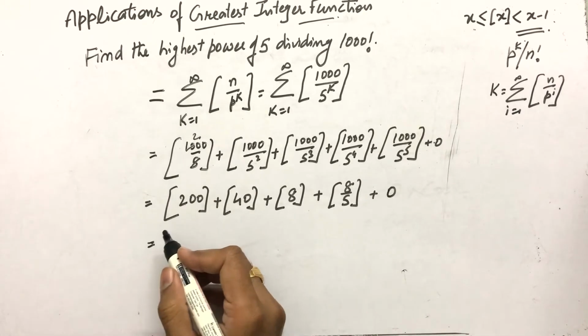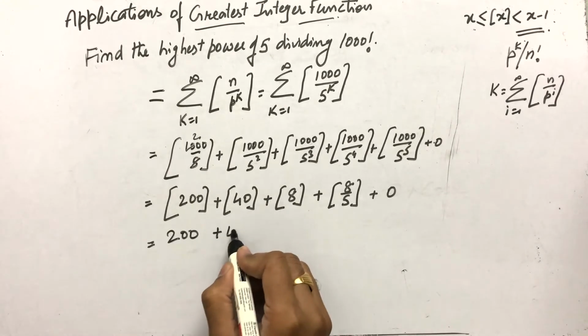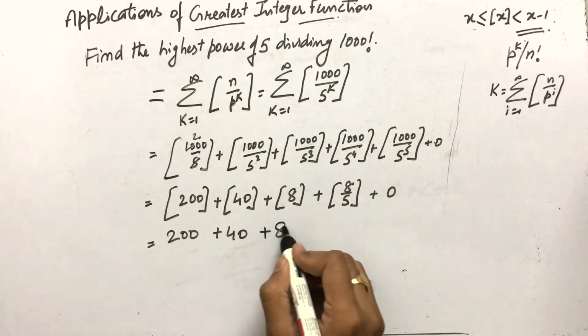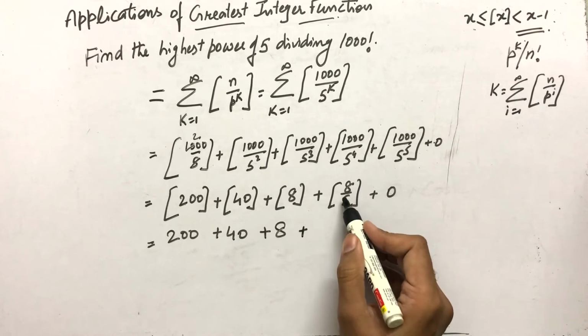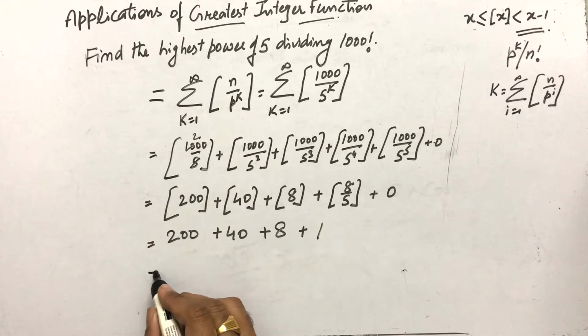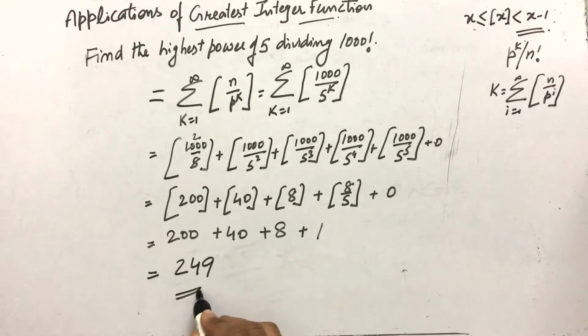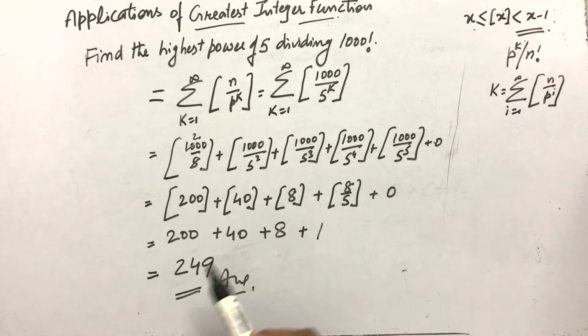So very easily, the greatest integer of 200 is 200, 40, 8, and the greatest integer of 8 by 5 is 1 point something, and the integer towards the left is 1. So adding all these values, the answer is 249. So 5 power 249 divides 1000 factorial.